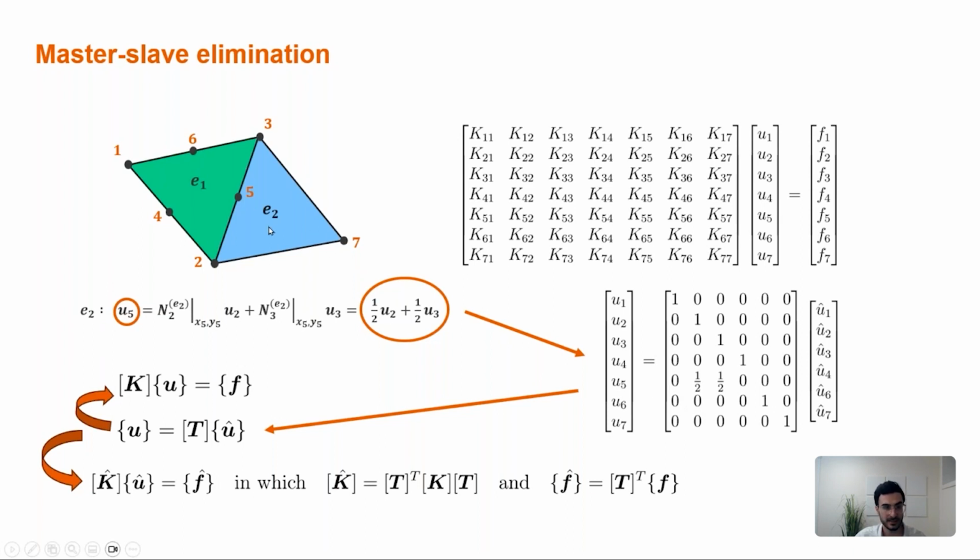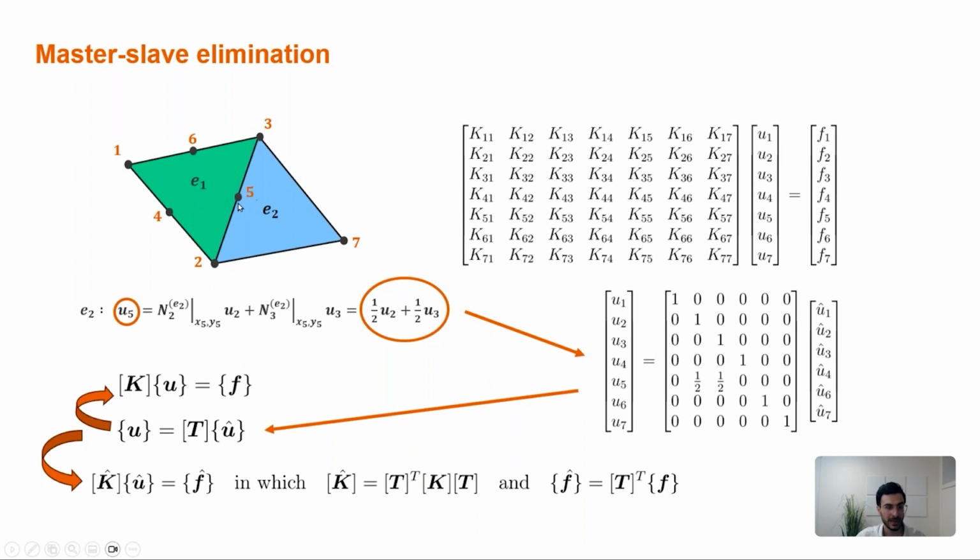We have the same concept for 2D and 3D elements. For example, in this mesh, we have E1 and E2. E1 is nonlinear, E2 is linear. E2 only has 3 nodes, node number 2, 3, and 7, but node 5 is only part of E1.